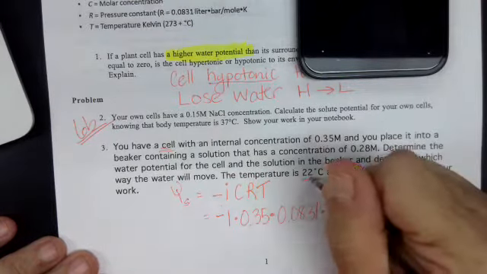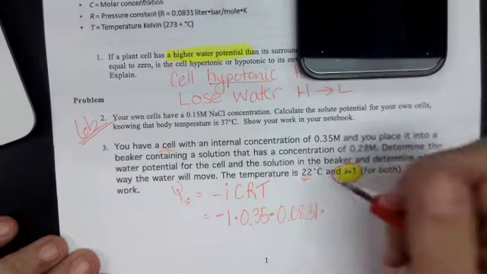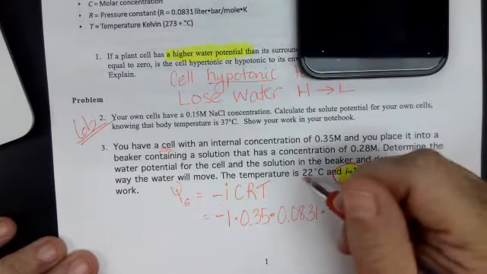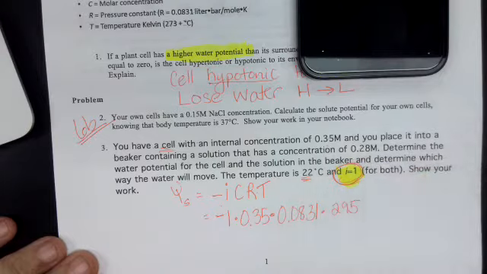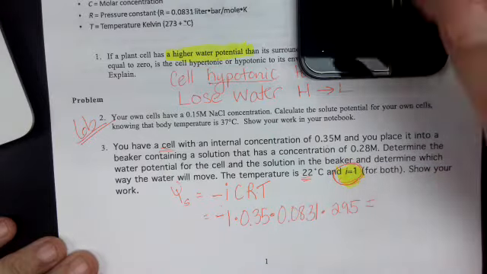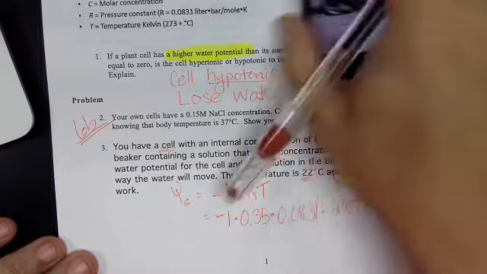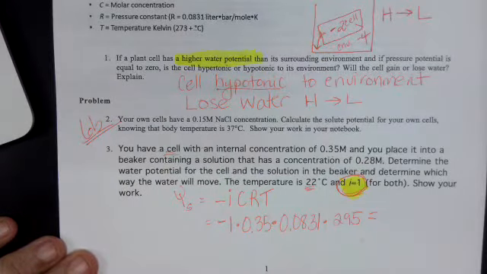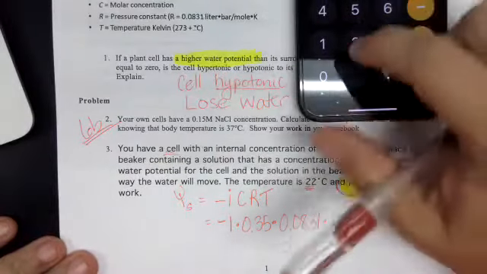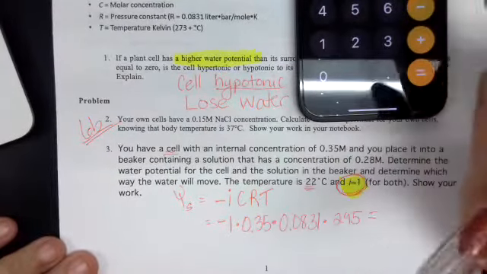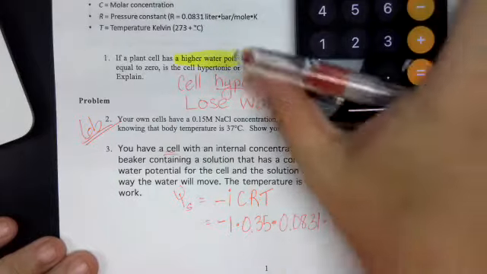So it's 22 plus 273, which is going to be equal to 295, I believe. Hopefully I was right there. And then let me go ahead and put this into my calculator. And so I have a -1 times point.